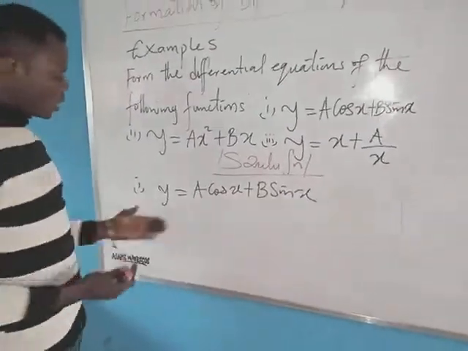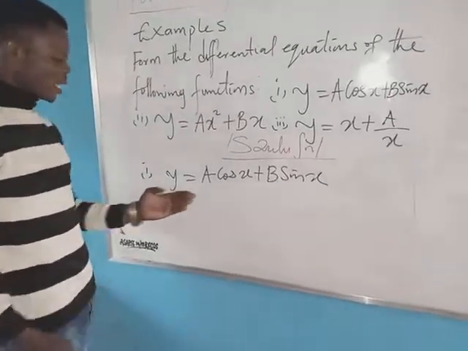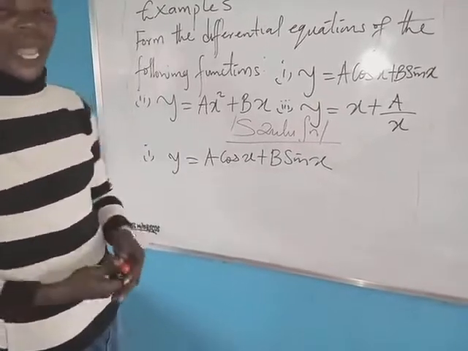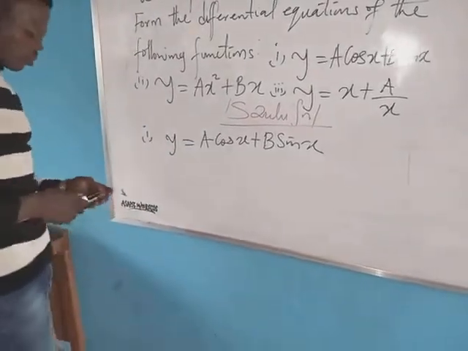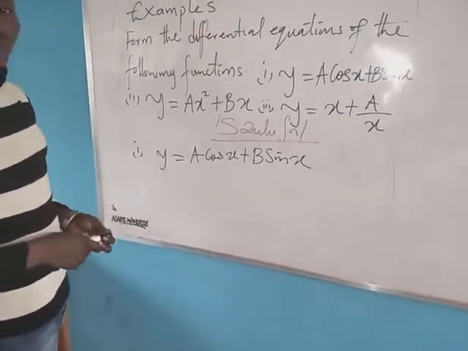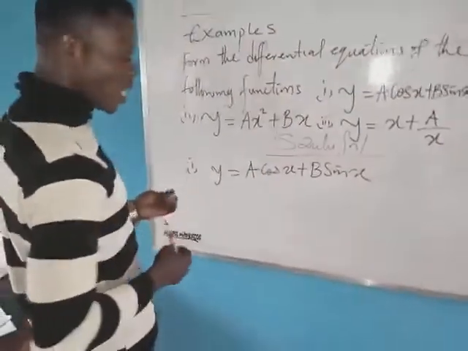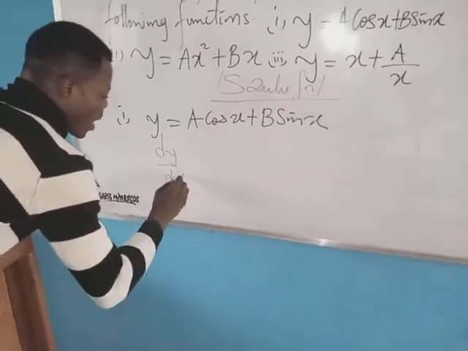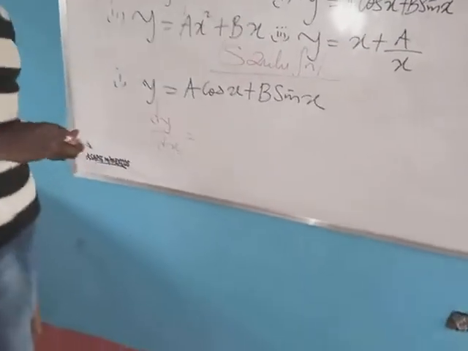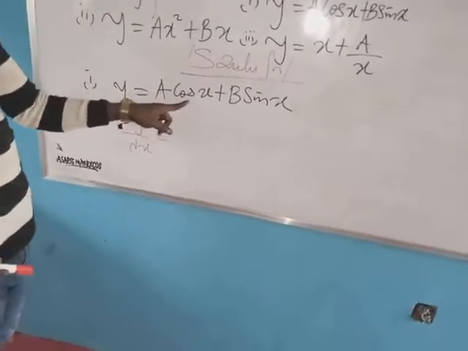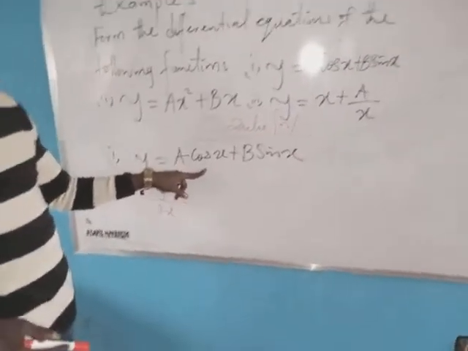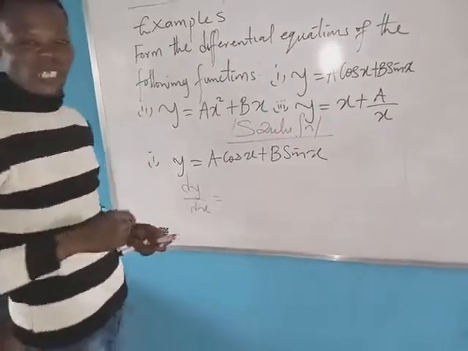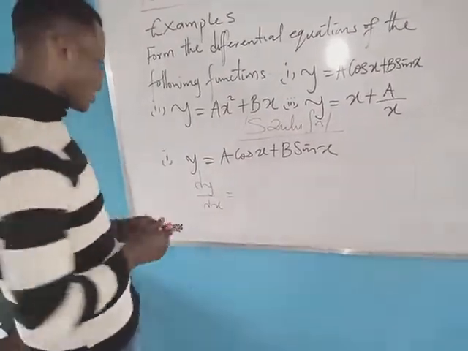Number 1. This is the question. y is equal to A cos x plus B sin x. Now, the first thing you are going to do is differentiate. dy/dx is equal to, when you differentiate cos x, the derivative of cos x is minus sin x.